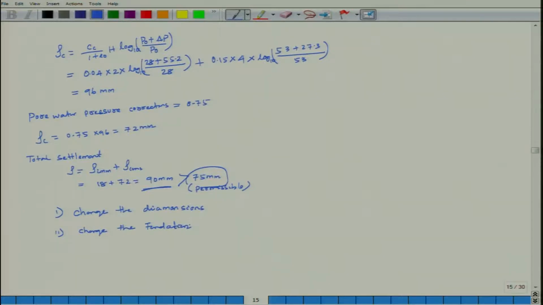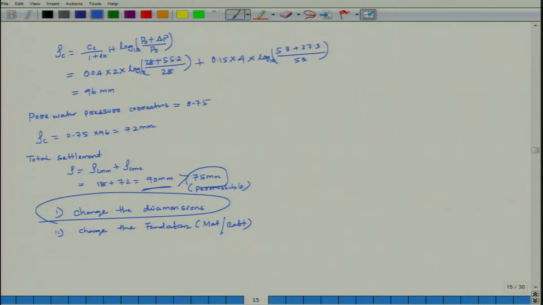How are you going to change the foundations? Instead of strip, you have to go for mat or raft foundations. So, first you try for a change in dimensions and check whether it works, and if the changed dimensions are not okay, then we will go for a change in foundations.